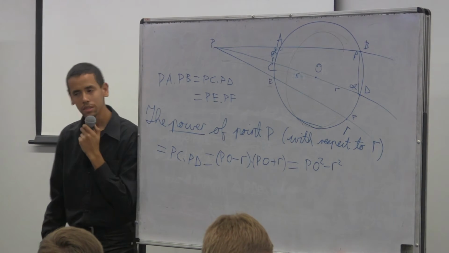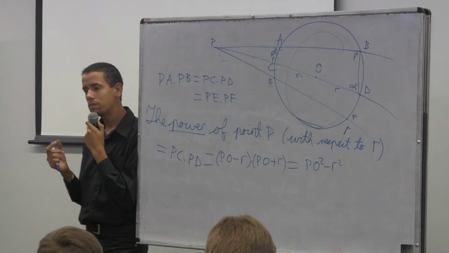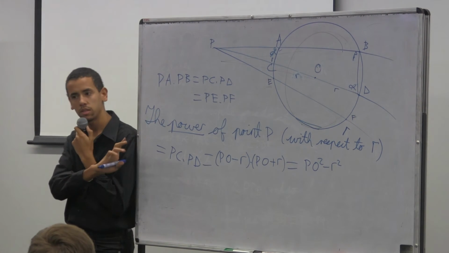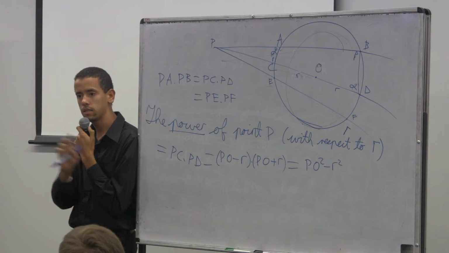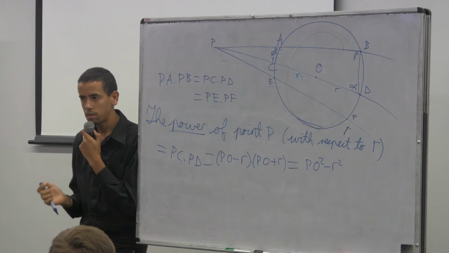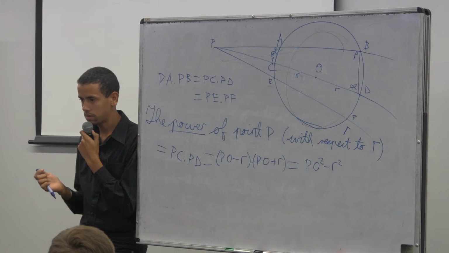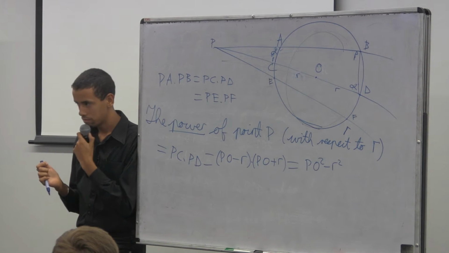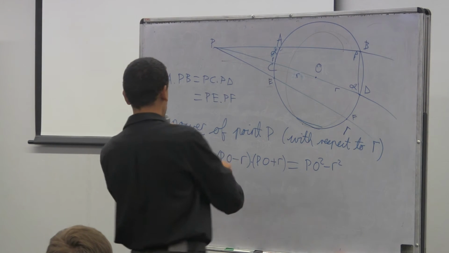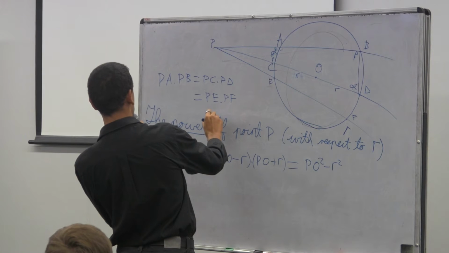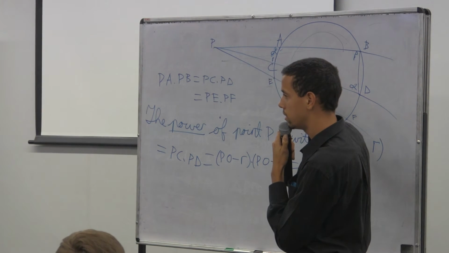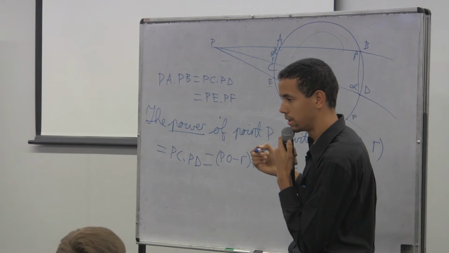So that's cool. R depends on the circle, that stays as it is. The power of the point only depends on how far P is from the center of the circle. Which also means if I take another point over there, which has the same distance to the center, it'll have the same power.